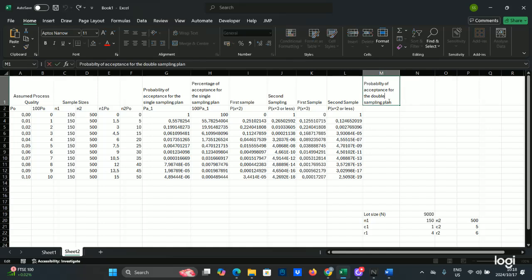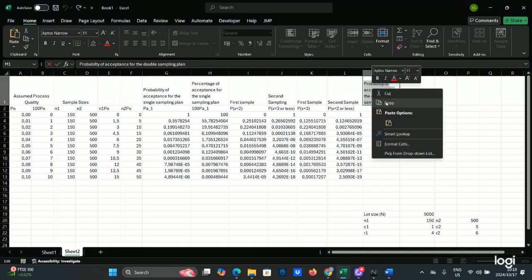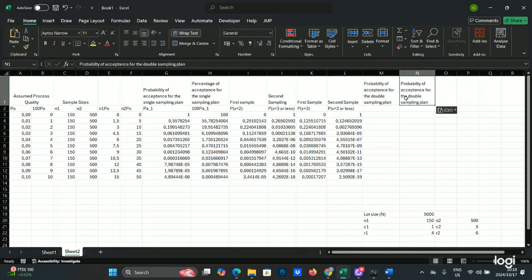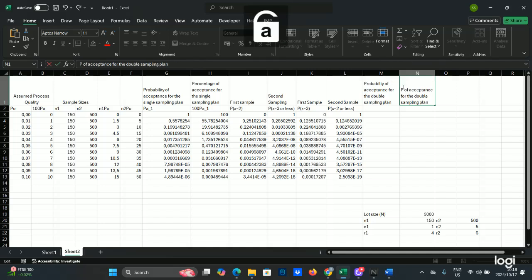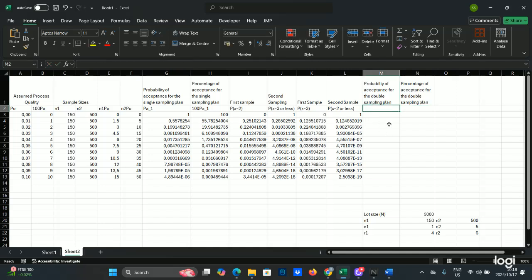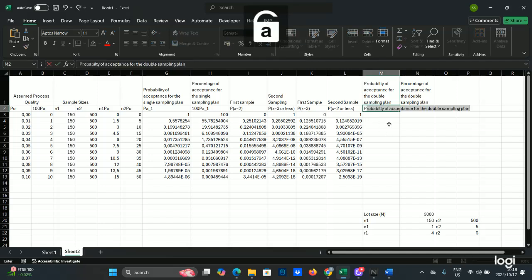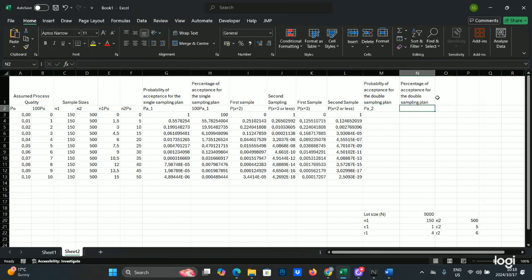I'm just going to copy this and change this to percentage. So now you can calculate both these values. This is going to be your PA for 2, probability of acceptance for a double sampling plan, and this is going to be your percentage of acceptance for your double sampling plan.